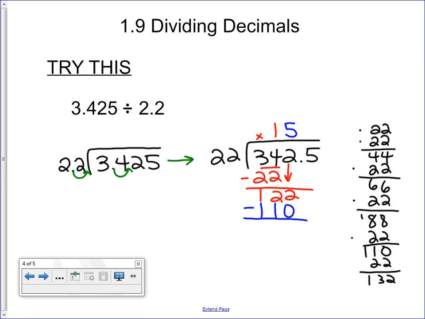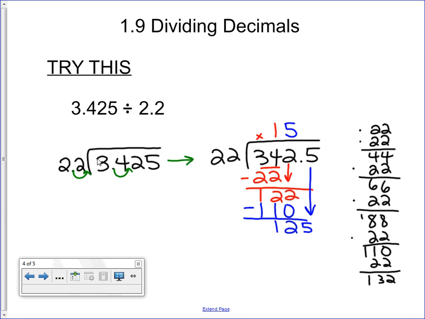So now we subtract. 2 minus 0 is 2. 2 minus 1 is 1. 12 is less than 22. So we bring down our next number, which is 5. And now we have to determine how many times does 22 go into 125. Again, you can use your calculator if you would like.